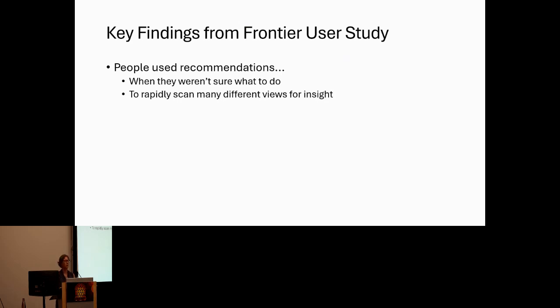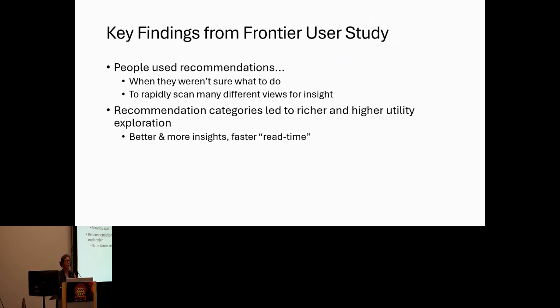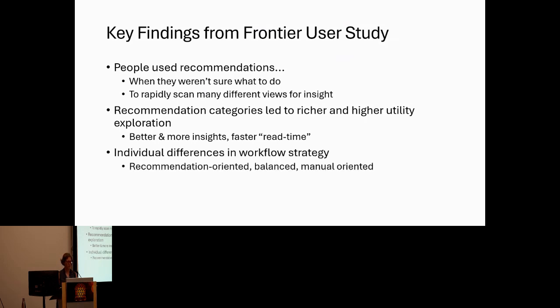They could rapidly visually scan a bunch of possible views for insight, pick ones that seemed interesting, and go from there. When we compared having these recommendation categories to recommendations that weren't categorized, the categories helped people come to a richer and higher utility exploration, enabling them to get more insights quicker and more quickly understand why a view was being recommended.